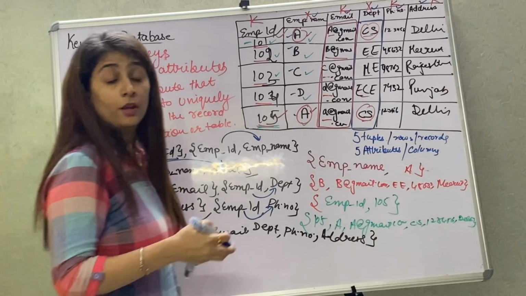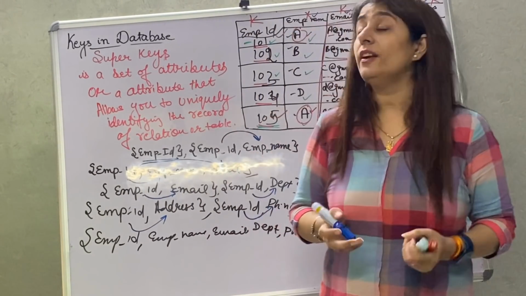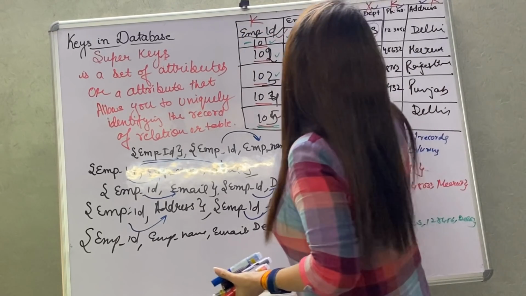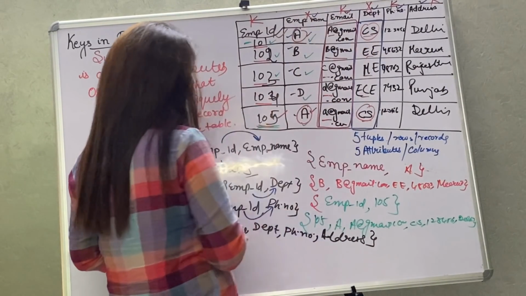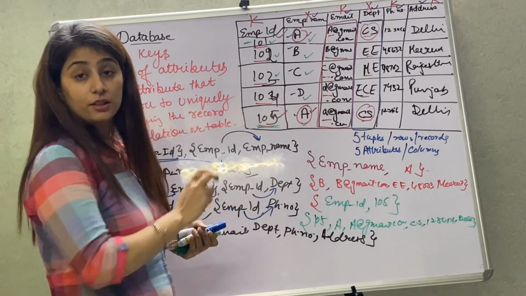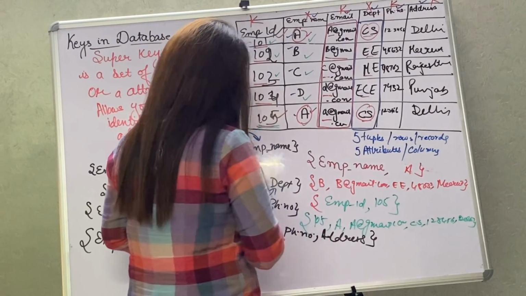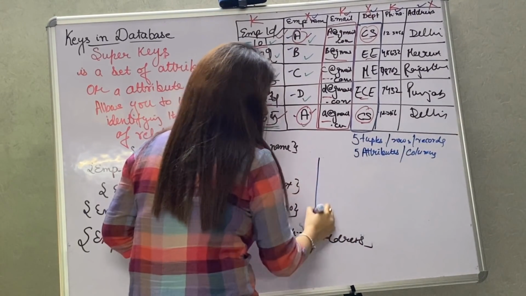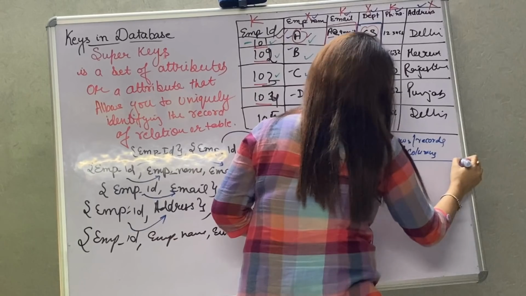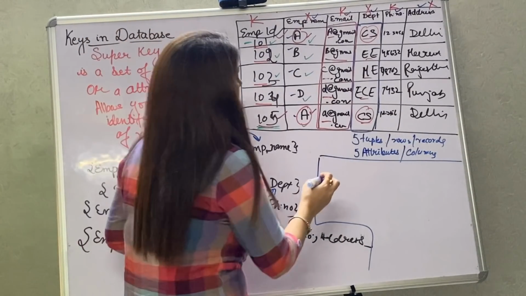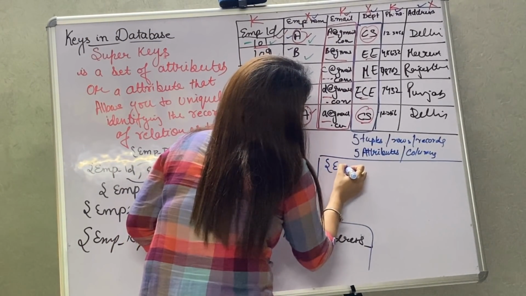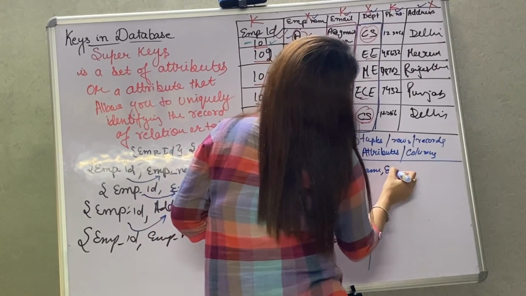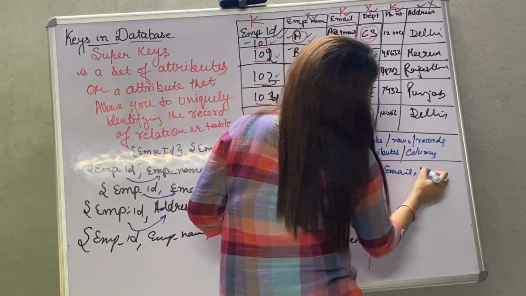What if I am not taking employee ID? Just suppose I make a subset of employee name, email and department.